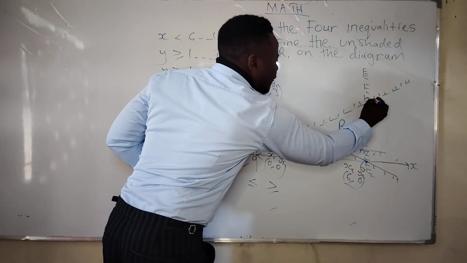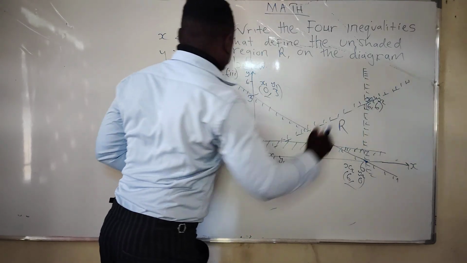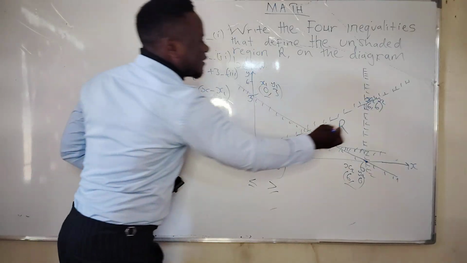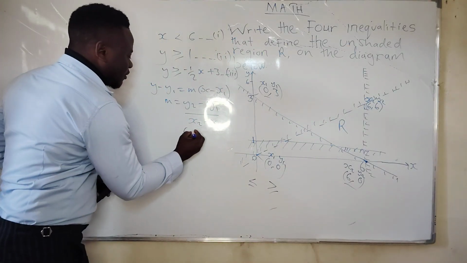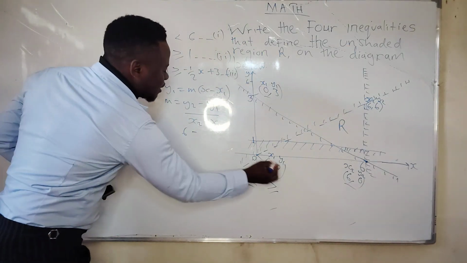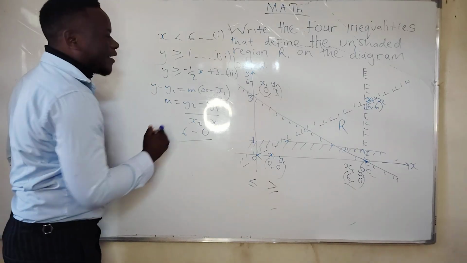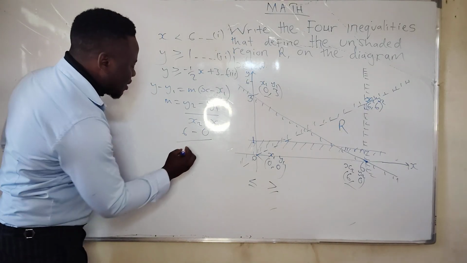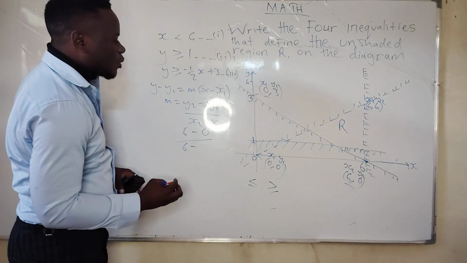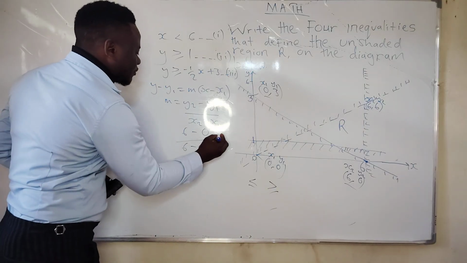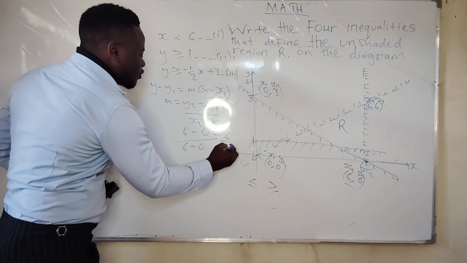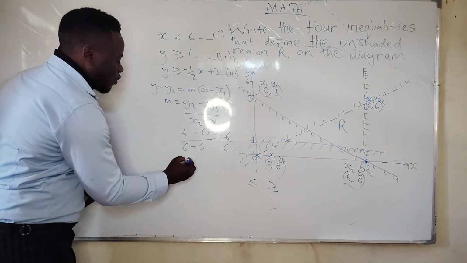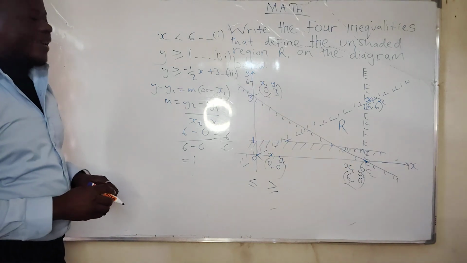And again here you have x2, y2. y2 will be what? 6. Minus y1 will be what? 0. Over x2 will be what? 6. Minus x1, 0. 6 minus 0, 6. Over 6. 6 into 6, 1. So that's your gradient.